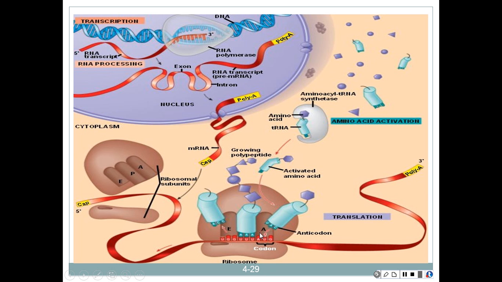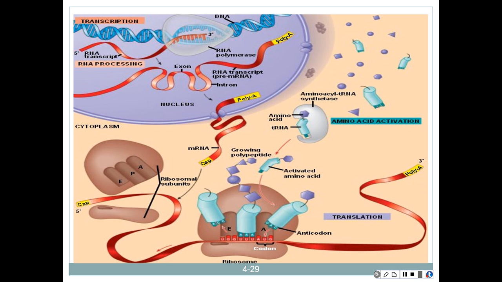It positions itself into the P site of the joining large subunit. The assembled ribosome is going to slide along the mRNA and read the codes. That is the initiation step.